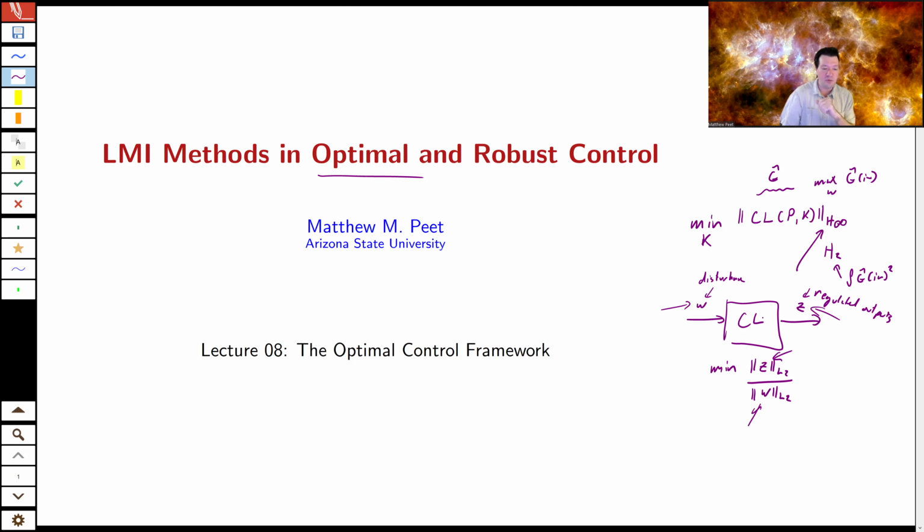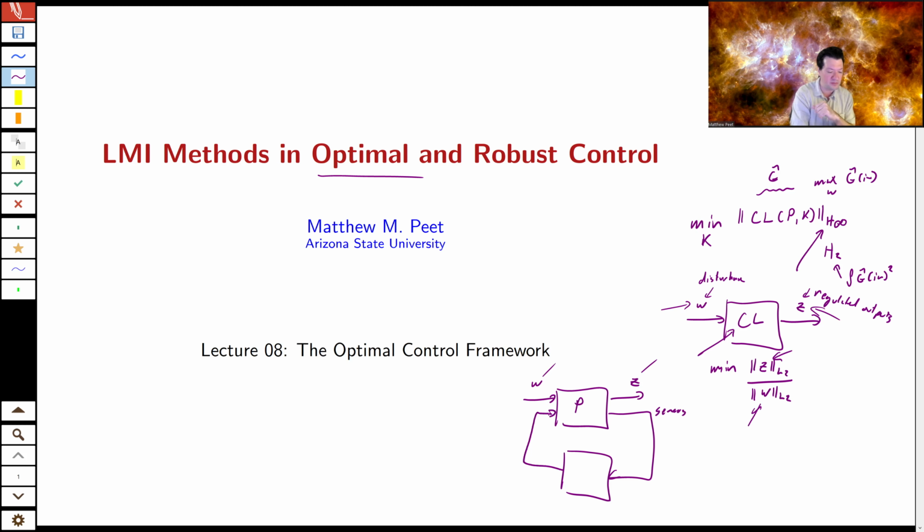In the second part of the lecture, we'll actually close the loop and figure out what this closed loop system is. In this first part, we'll be focusing on taking our plant and isolating these signals, W and Z, which we want to minimize the effect of and the effect on, and separating those from some other signals, which are the sensed outputs, the sensors, which we don't really want to minimize, and the actuated inputs.